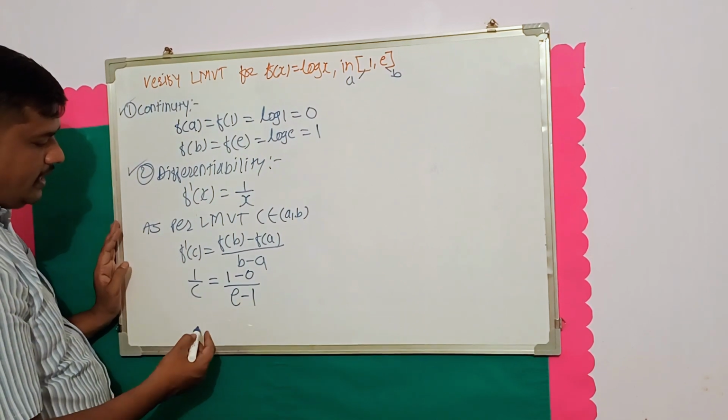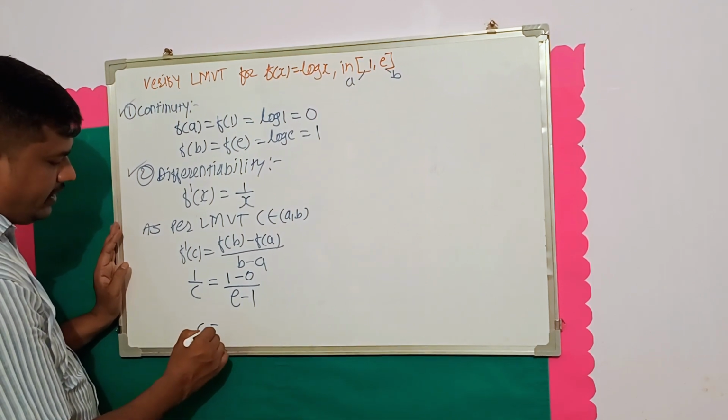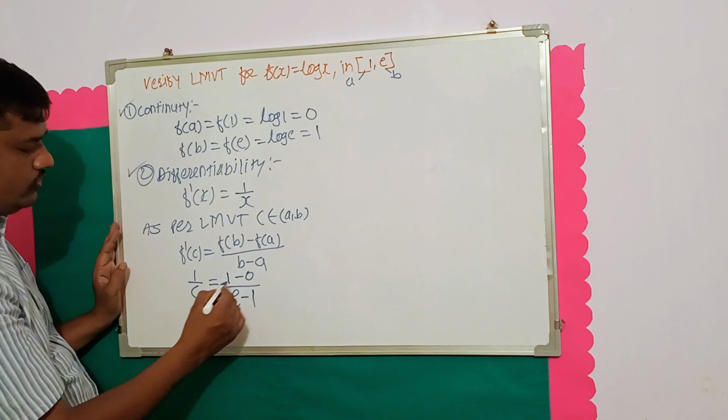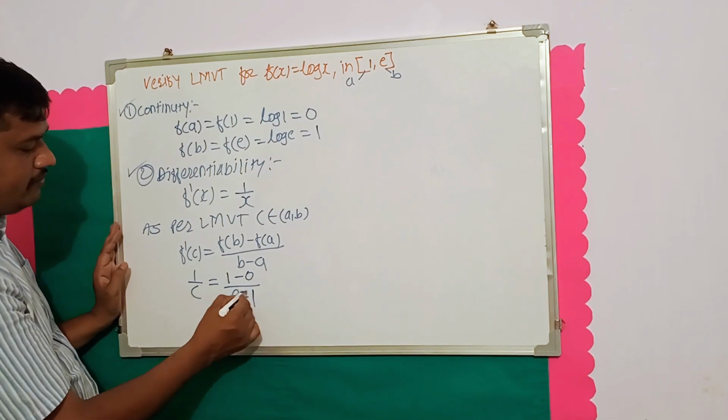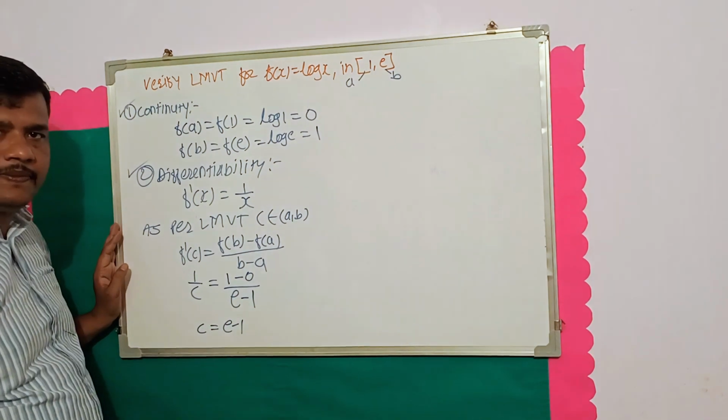Let us simplify this, and we can check that c will be equal to, taking c to the other side, e minus 1.